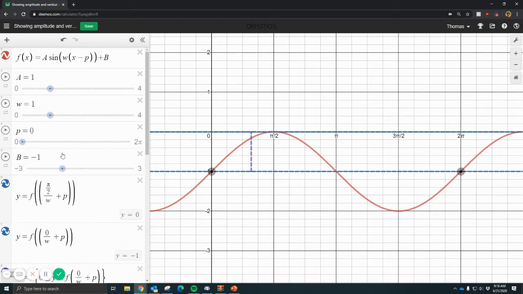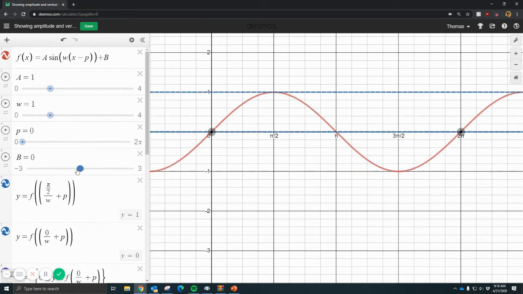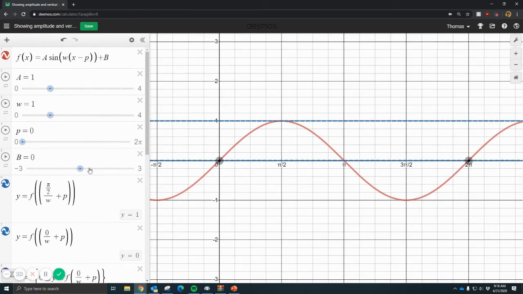And then finally, and this is oftentimes the most confusing part, is the horizontal shift, the horizontal translation, which is also called the phase shift. Now, the way I've represented it here is that omega has effectively been factored out of the x and the p. This is just one way that you'll see this represented.